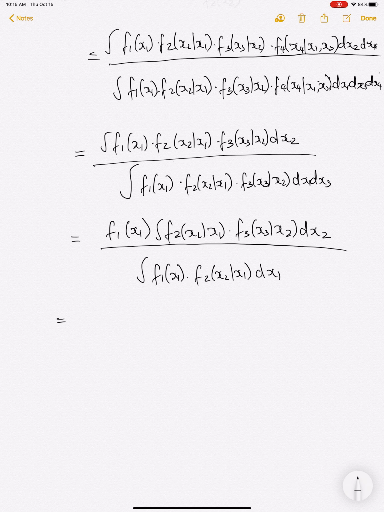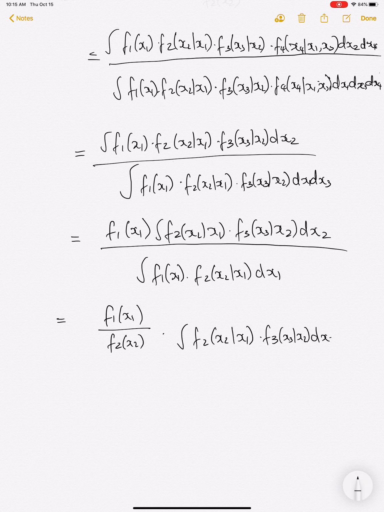And so this is exactly just f1 of x1 divided by f2 of x2 times the integral of dx2.